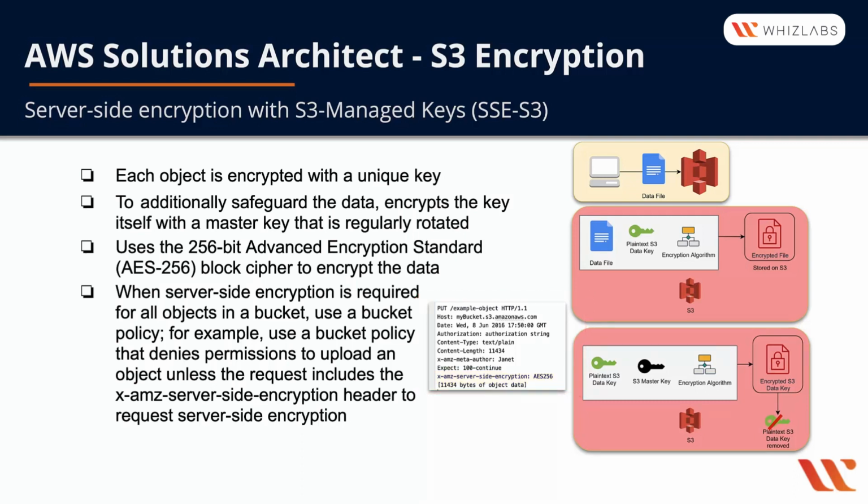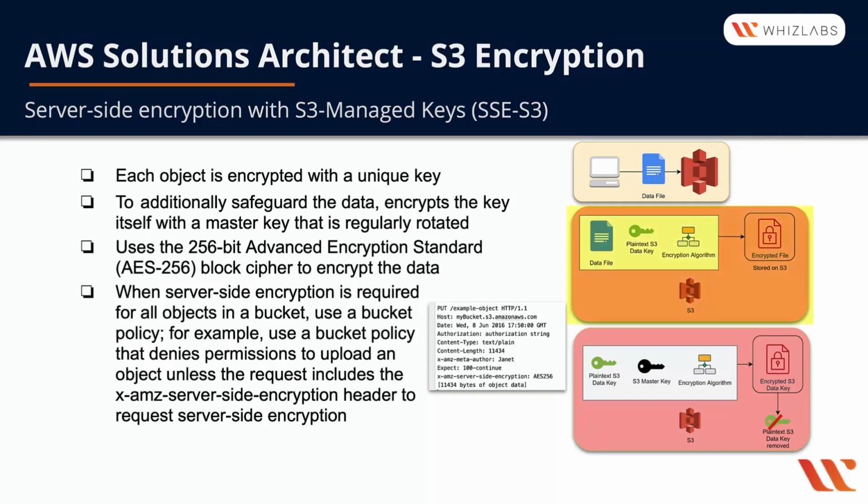All right, so now let's go over the flow of SSE-S3 when it comes to encrypting data on S3. It works like this. You have a client that has a data file it wants to send to S3. In step 1, the client selects the file to upload to S3 and indicates that it's going to use SSE-S3 to encrypt the object.